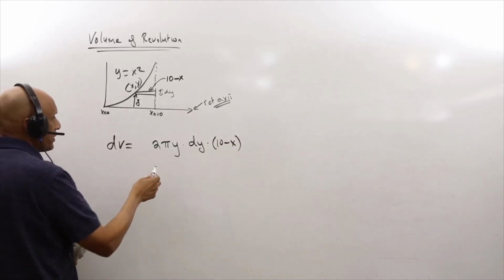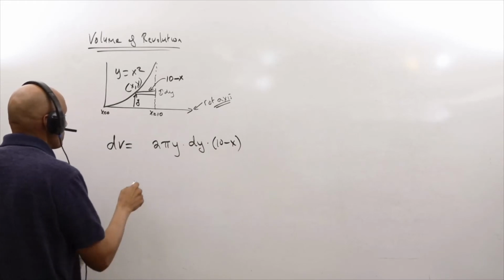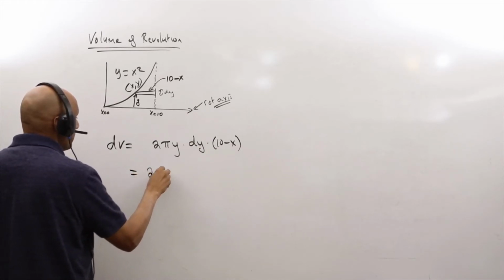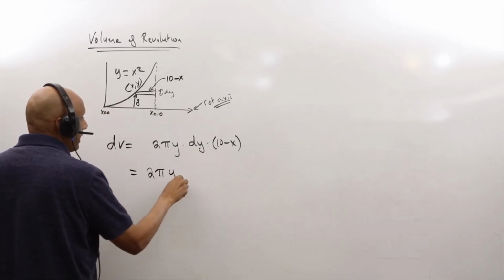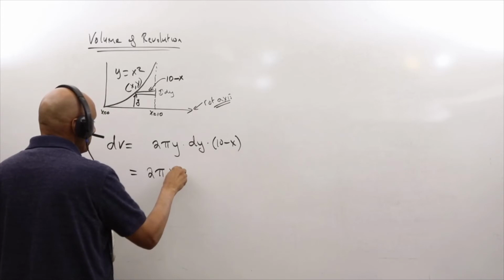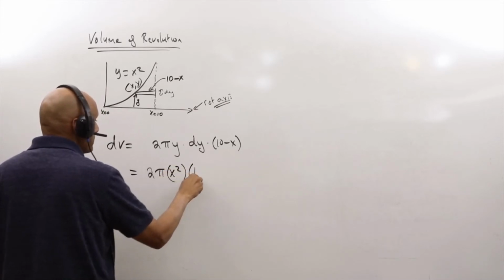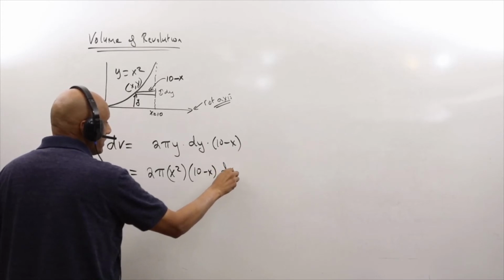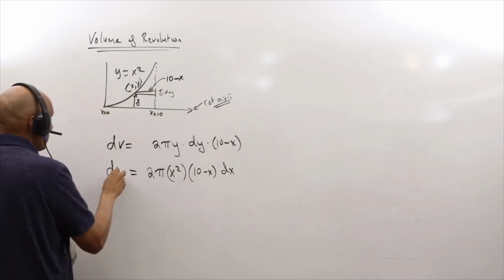We can rearrange dy and put it on the other side, but this doesn't really matter. This is called the shell method. So we'll get 2 pi y, which is x squared, so might as well just put x squared in, times 10 minus x, and dx is the volume element.